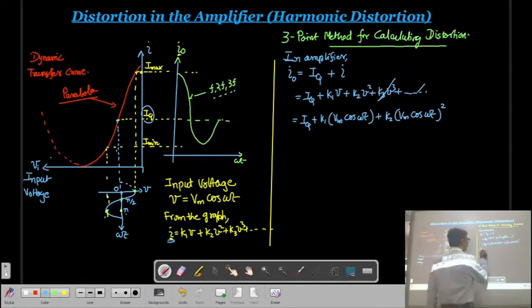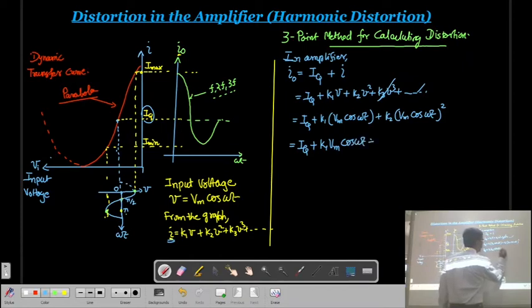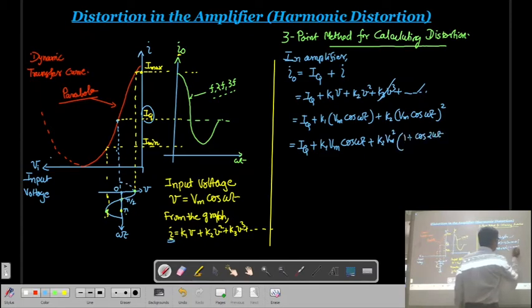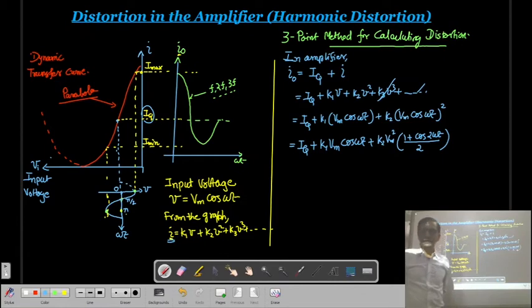Okay? So this is equal to IQ plus K1 Vm cos omega t plus K2 Vm square, and cos square omega t means 1 plus cos 2 omega t divided by 2. We can write that as 1 plus cos 2 omega t by 2.